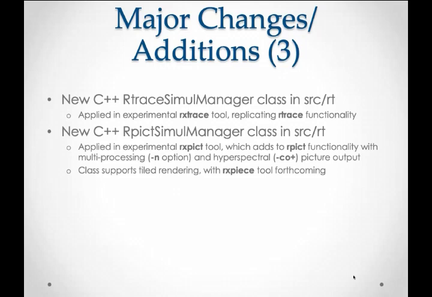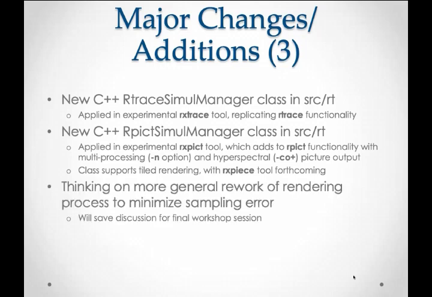There might be an RxPiece tool coming out soon, as soon as I get around to it, because the class also supports tiled rendering. I'm thinking of a more general rework of the rendering process, like a super RContrib, but I have not gotten very far on that.